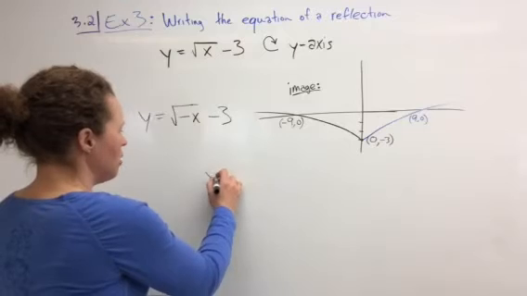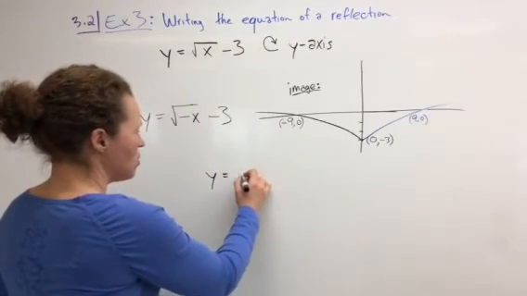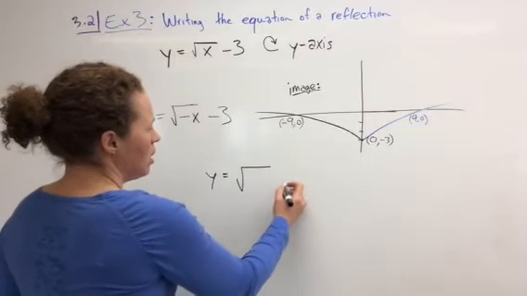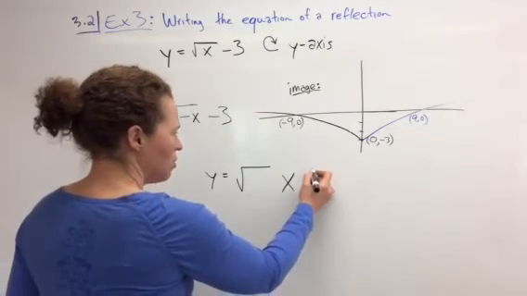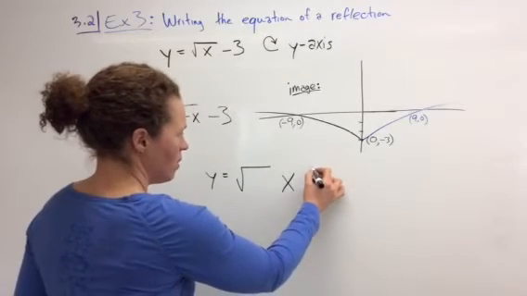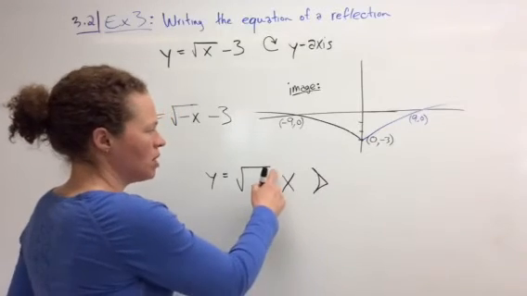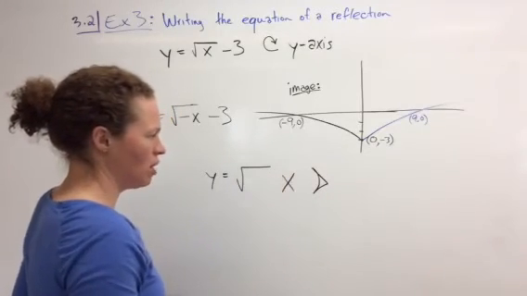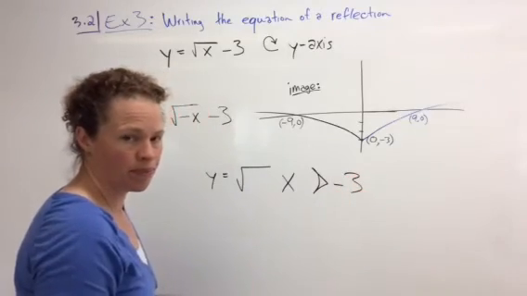So you've got your y equals prompt, and you write the square root, then you write x, then you push the over button, because that's going to stop your root sign from continuing any further with the equation, and then you hit your negative 3.